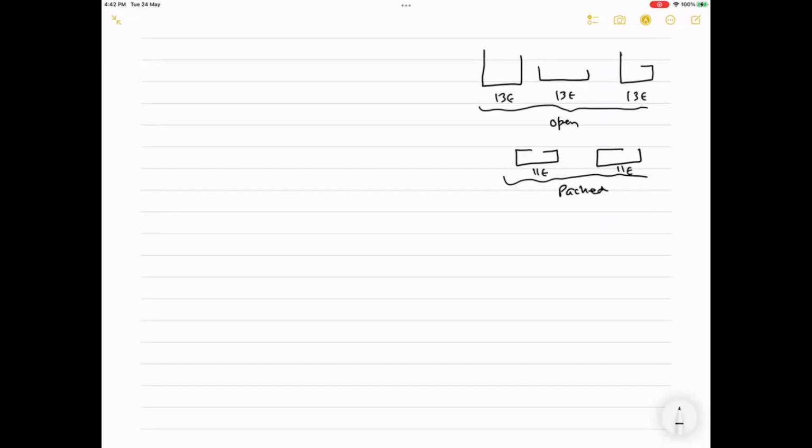Right. What we had written was that G open was U open, the average energy of the open state, minus T KB ln 3, right? And similarly, G packed was U packed minus T KB ln 2.